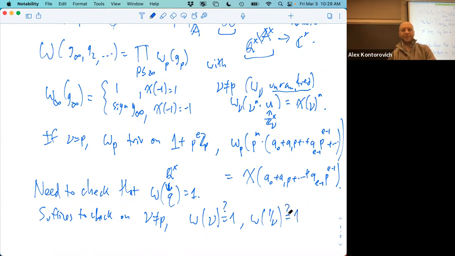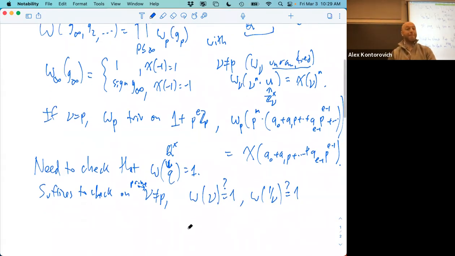This is a prime different from p. I need to know that it's 1 on all rational numbers. Rational numbers are made up of primes on top or on bottom that differ from p. The ramified prime p itself needs to give us the value 1, and so does its inverse.